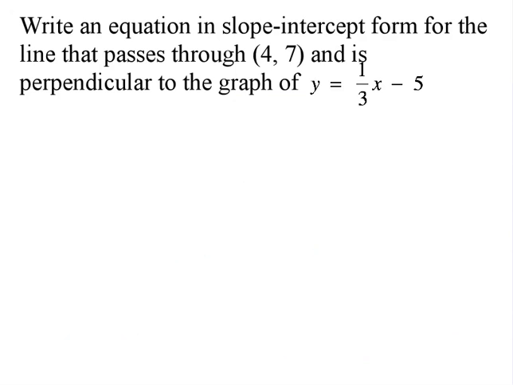And so let's go ahead and look at this example here. It says, write an equation in slope-intercept form for the line that passes through (4, 7) and is perpendicular to the graph of y equals 1/3 x minus 5. So once again, if you were taking notes, I would put find slope-intercept form, and then I would put the point (4, 7), and then perpendicular to y equals 1/3 x minus 5.